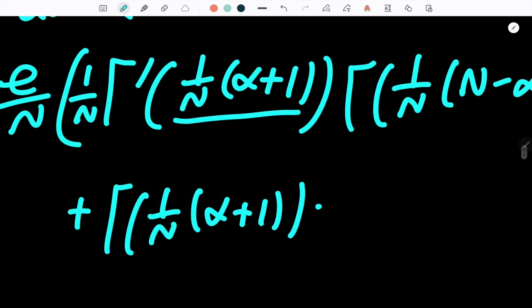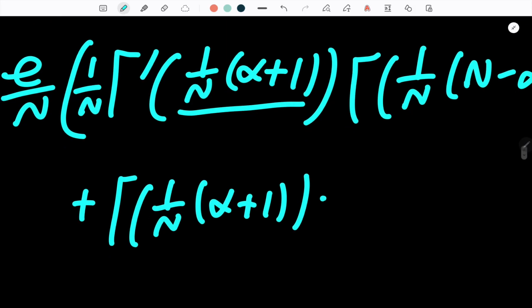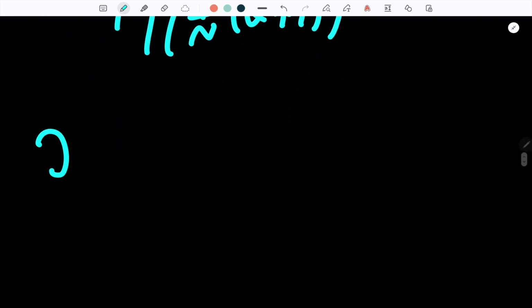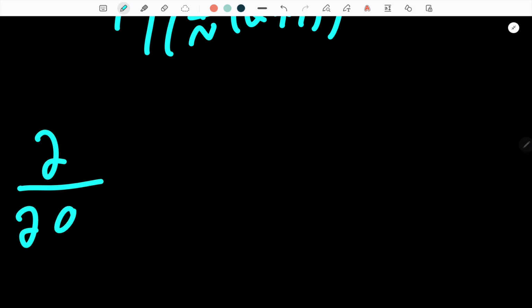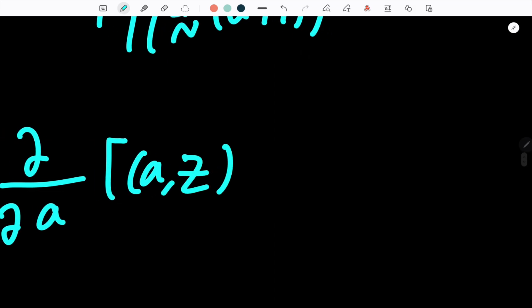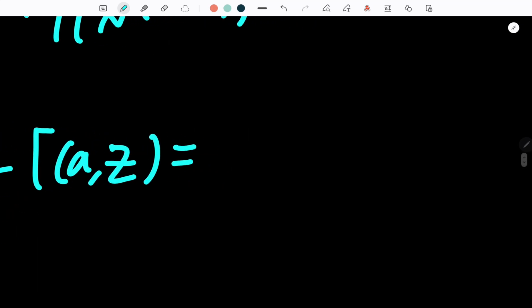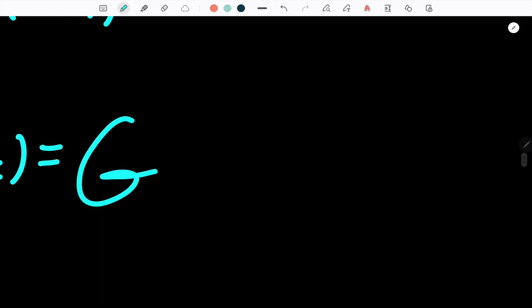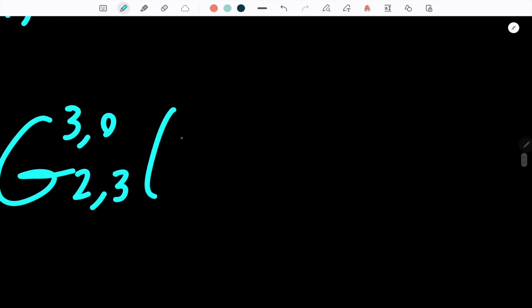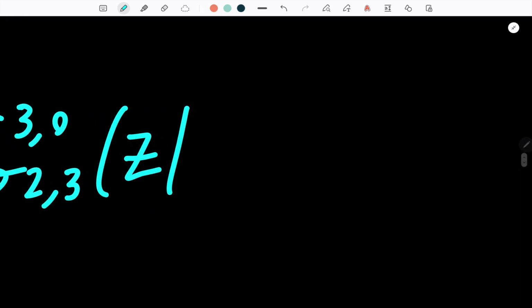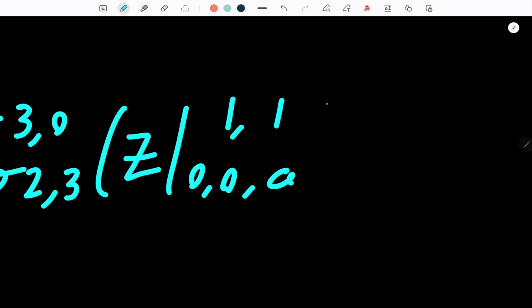Now, before we continue, the derivative, I guess partial derivative in this case, of a, of the incomplete gamma function, this is going to be equal to the Meijer G function, 3 right here, 0, 2, and 3, and then z, and we'll have a 1, comma 1 up here, and a 0, comma 0, comma a.